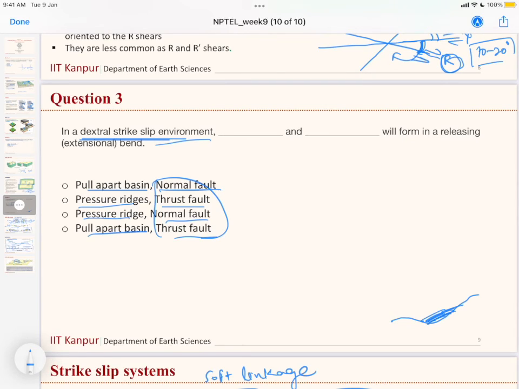Correct, because pull apart basin and normal fault both will happen in the case of extensional energy, and pressure ridge and thrust fault will also happen, but in the case of contractional or compressional environment. But the combination in the third option, pressure ridge and normal fault, cannot happen, because along with a pressure ridge you will definitely see the thrust fault, because this is the compressional environment. So this combination can never happen. Similarly for the fourth option, pull apart basin and thrust fault together cannot happen.